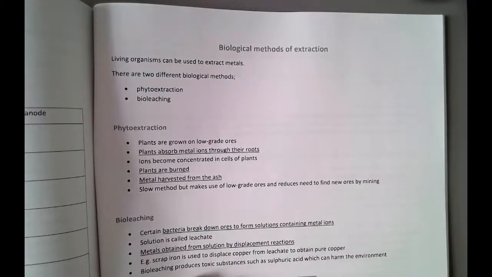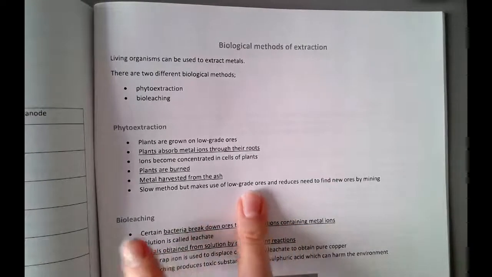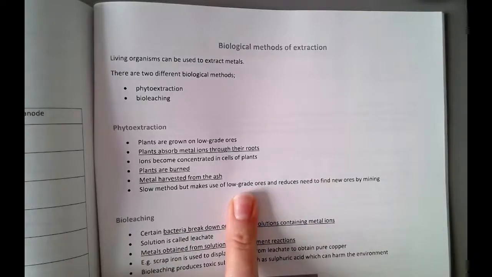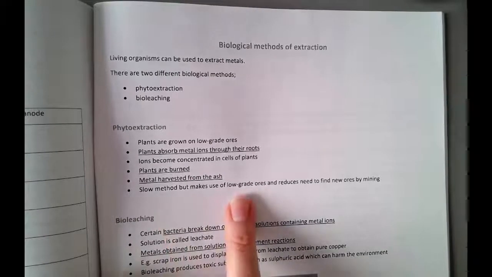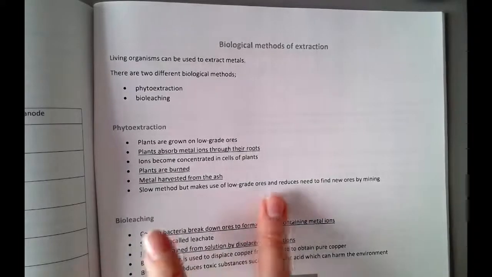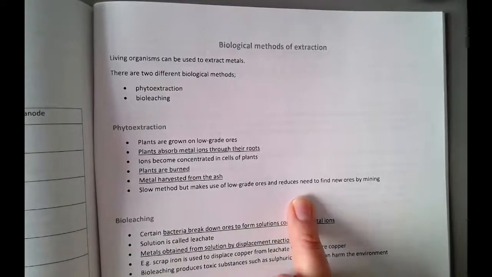It is a slow method because you're going to have to plant trees and wait for them to grow, but it makes use of low-grade ores. So ores that don't have a lot of metal in them, that wouldn't normally be worth your while to extract using carbon or electrolysis, you can use this method to extract. And it reduces the need to find new ores by mining.